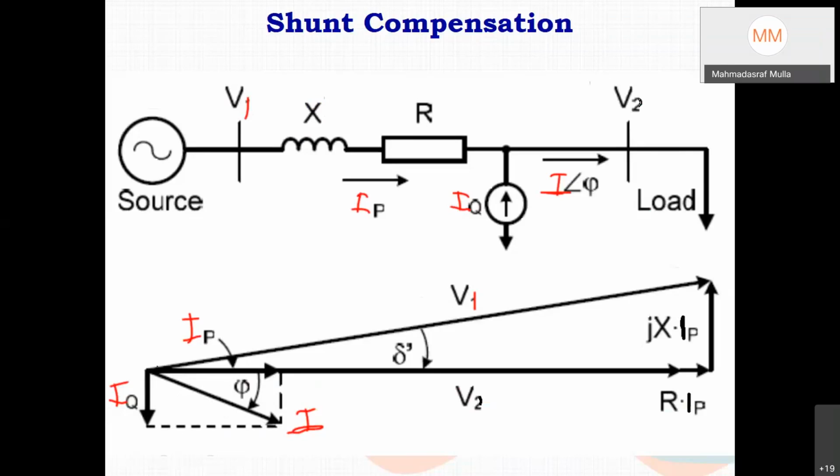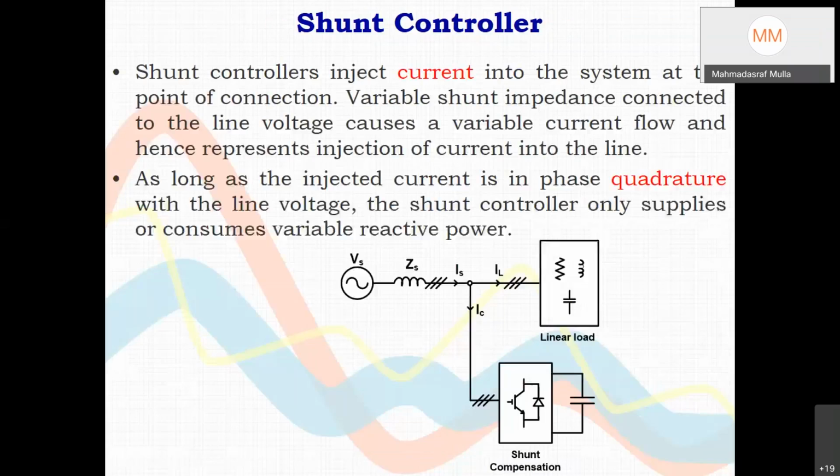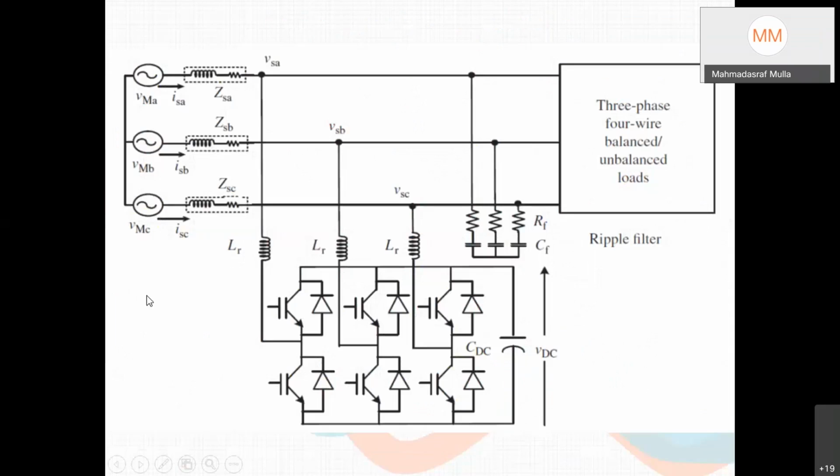Thank you. So how to achieve this? Normally, what unit can provide this IQ current? We will have three interfacing reactances, six switches, and one DC link capacitor. This is a VSC, that is, a voltage source converter.